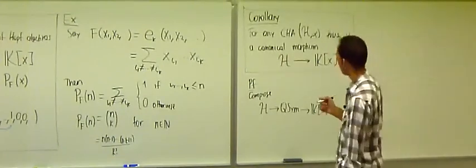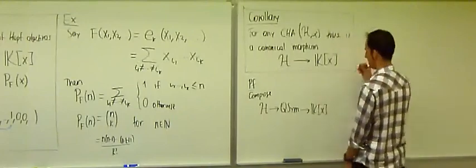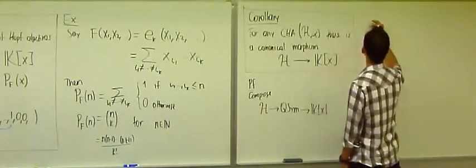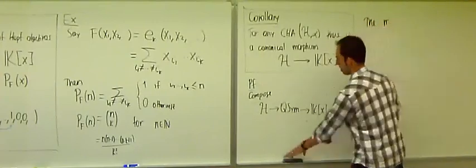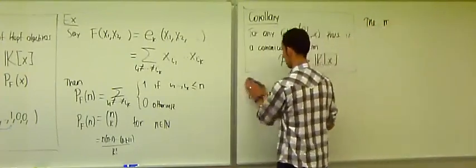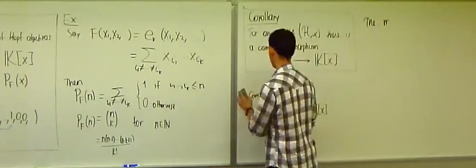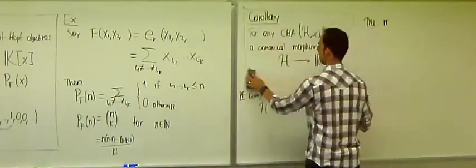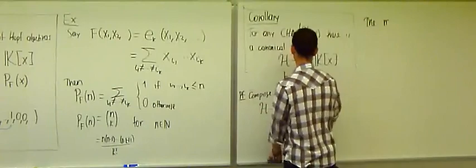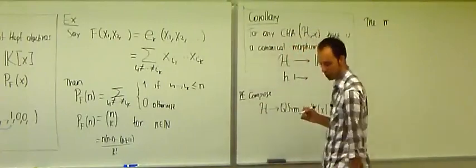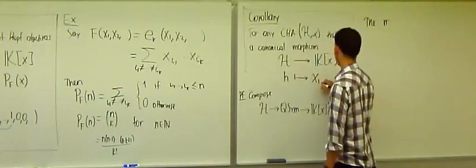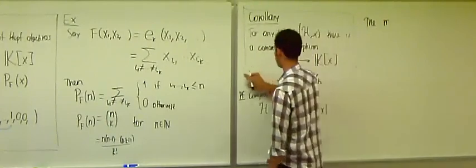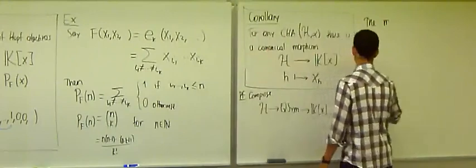Now, let me actually write down what the morphism looks like. So given an element h of the Hopf algebra, I'm going to obtain a polynomial, which I'm going to call chi h. Okay?